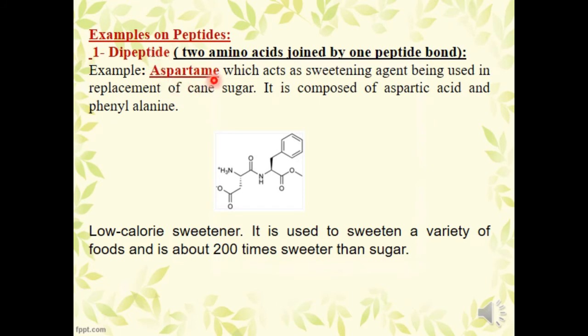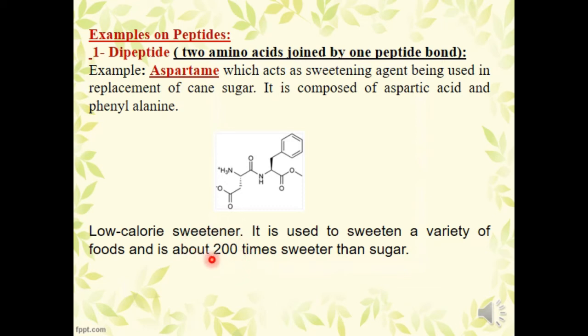So how is this composed? Aspartame is made from aspartic acid and phenylalanine amino acids. One thing about synthetic sugars is that they are much sweeter than sugar.